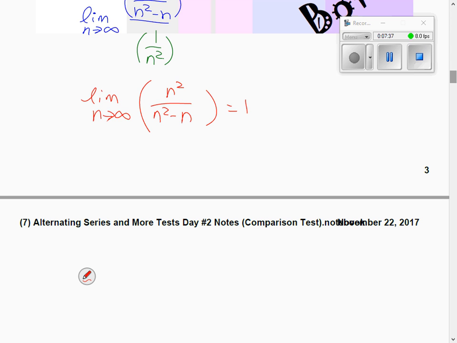Okay, now here's where the fun begins. If our limit ends up being a positive, it should never be negative, but if it ends up being a positive finite number, then the function that we're comparing to the function we know will act the same. So they will act the same.